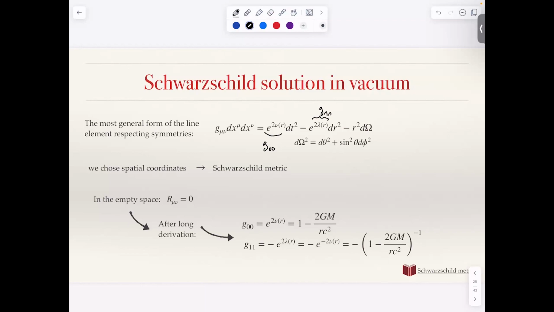given simply by these equations, for J00 and J11. So the two quantities, mu and lambda, are fully determined.